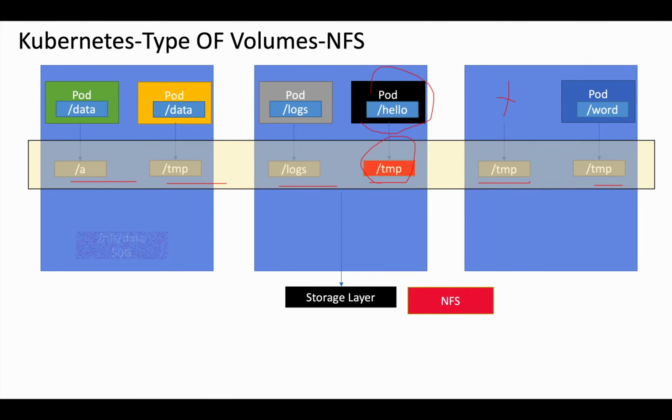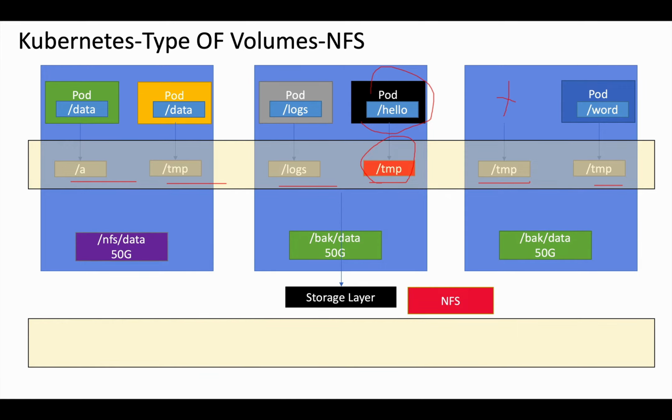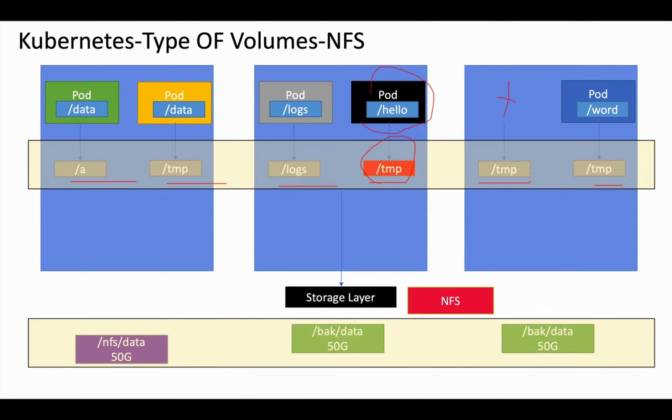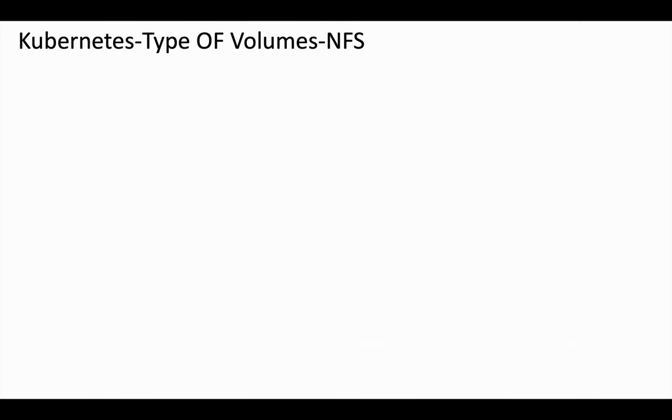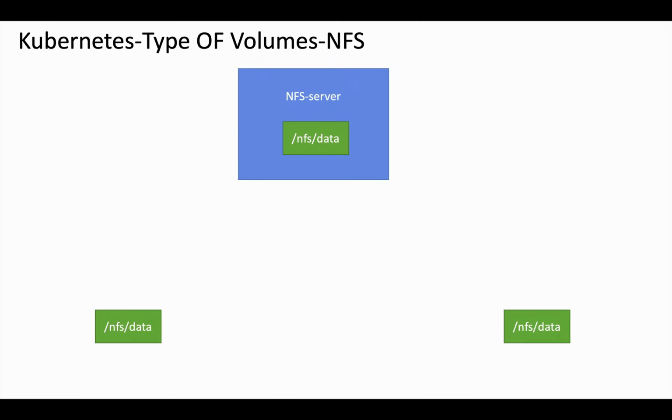Okay, if we use NFS and mount the NFS across all the nodes, then when a pod ceases to exist, Kubernetes destroys ephemeral volumes, but does not destroy the persistent volumes.